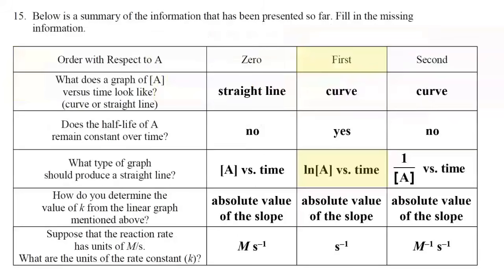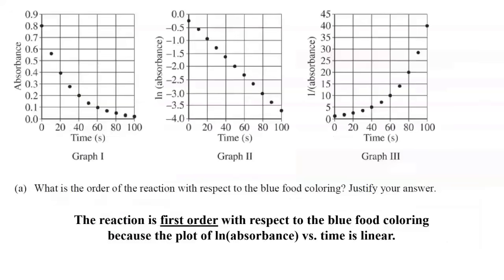And hopefully you remember that when natural log of concentration versus time is linear, then that indicates first order kinetics. So the answer to part A is that the reaction is first order with respect to the blue food coloring because the plot of natural log of absorbance versus time is linear.